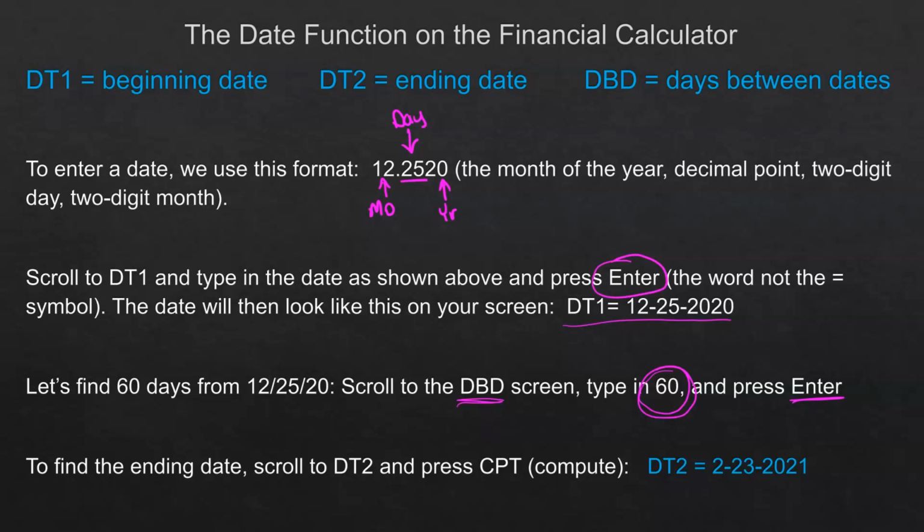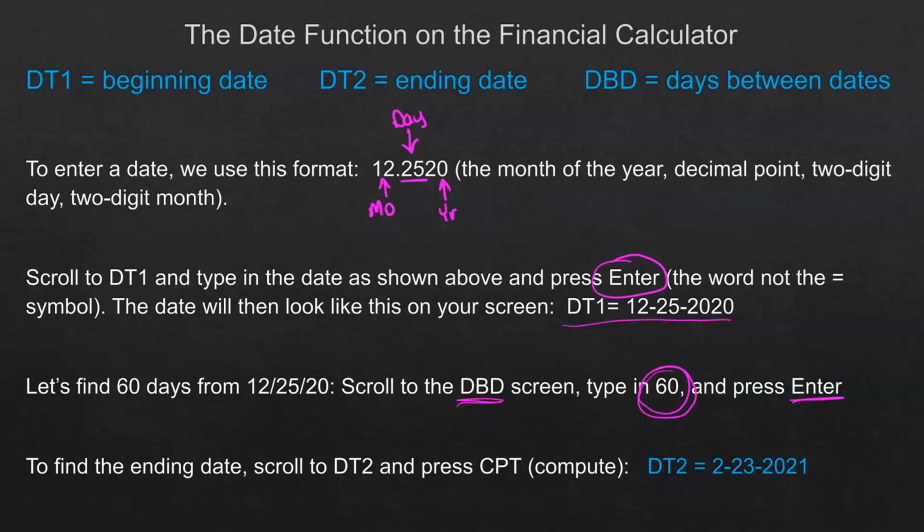Also, once you've pushed enter, you'll see a little sideways triangle above the number showing that you entered that number. A lot of times students will put the number on there and forget to push enter, and then it doesn't stay, right? So if you type it in and then scroll to the next screen and come back, oh, where'd my number go? And it's gone. So you have to be careful with that.